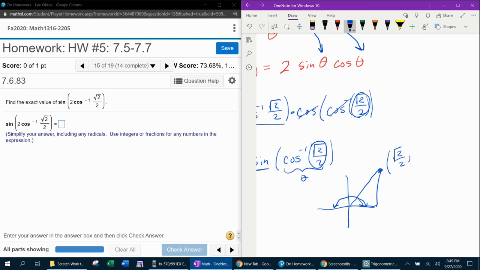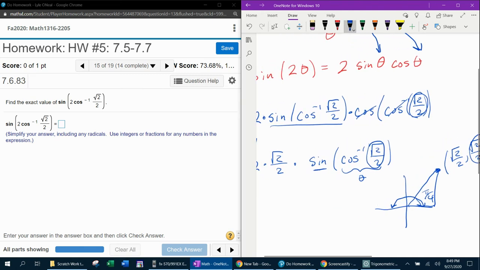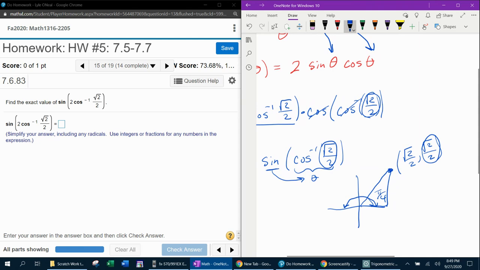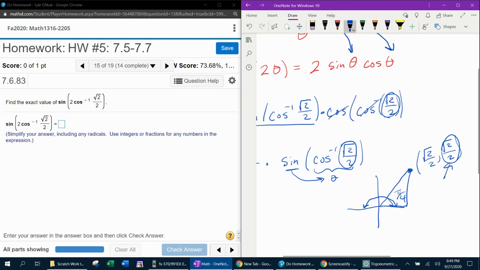Now in the unit circle, the ordered pair that has an x coordinate of square root of 2 over 2 also has a y coordinate of square root of 2 over 2 because that angle is pi over 4.